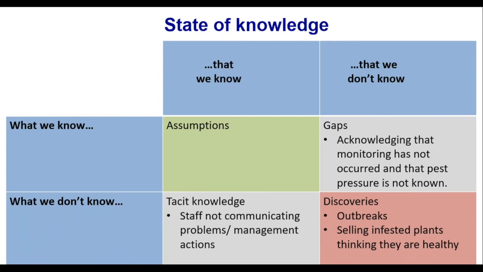And I'm sure, as you can imagine, this last one, what we know that we know is based on monitoring. You get data on what's there, what's not there, the health of your crop generally, so that hopefully you are selling healthy plants.